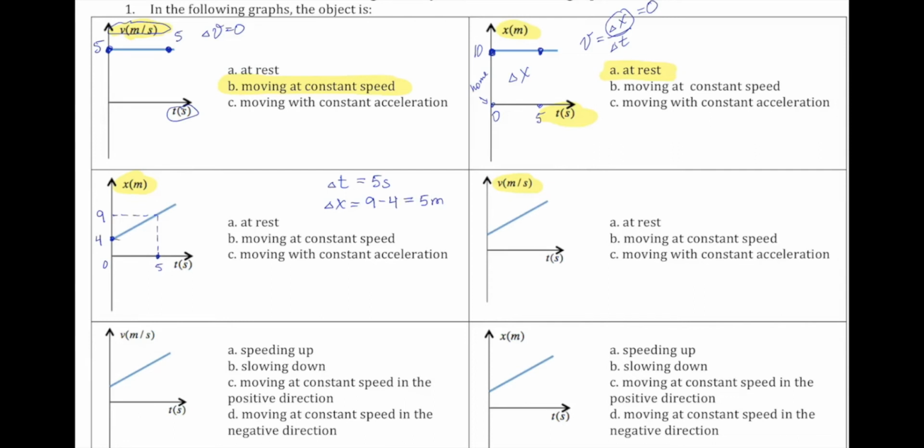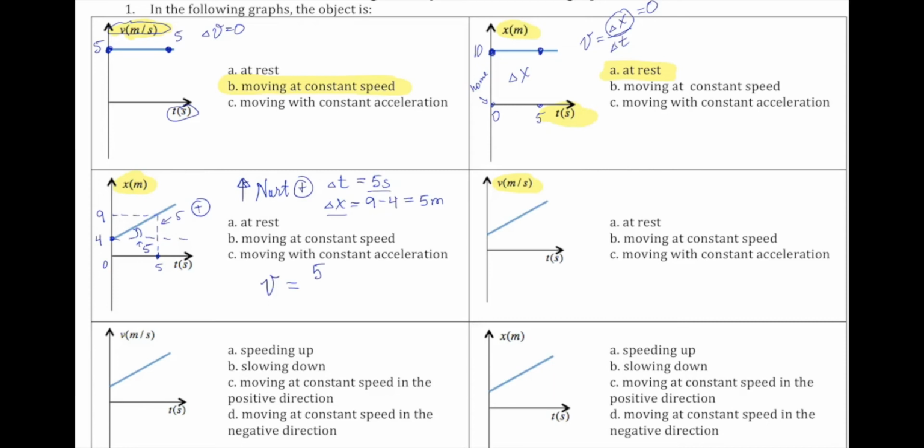Then the slope of this graph right here, rise over run, this would be 5 and this would be 5. So the slope of this graph is positive. I'm moving in the positive direction. You can call this north, which is a positive direction, or up, whatever makes sense. I have a positive velocity: the change in x was 5, so 5.